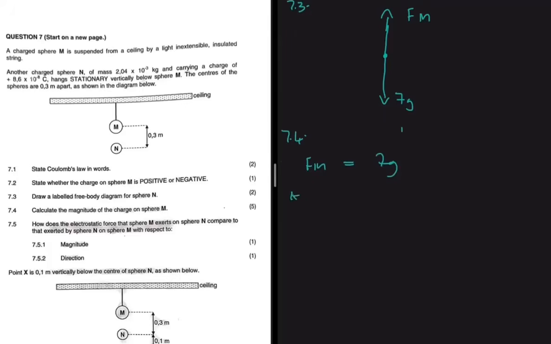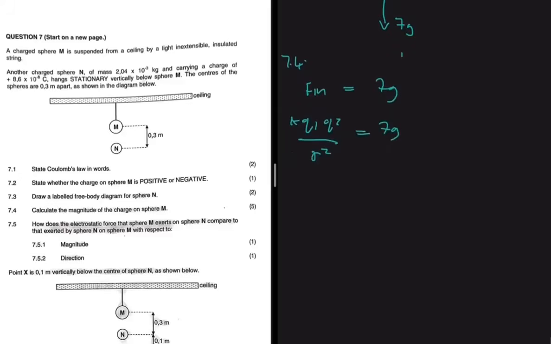We're going to have K Q1 Q2, everything divided by R squared, equal to FG. K is a constant, 9 times 10 to the 9. Let Q1 be the charge we are given, 8.6 times 10 to the minus 8, multiplied by Q2, the charge we are looking for, and everything divided by R squared.